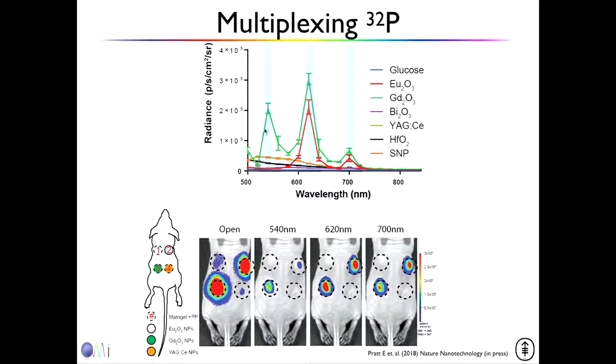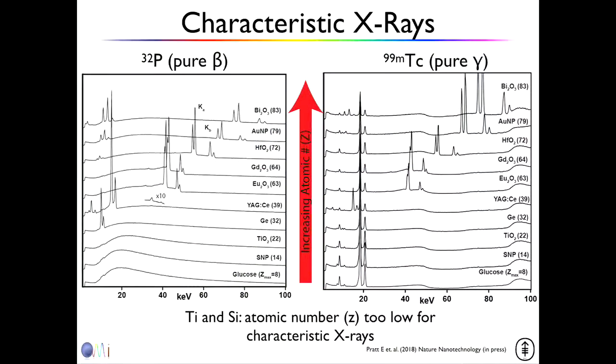Here's the 540, which is only the gadolinium particle. So you still get this area here, which you also see here, but you see that the europium particle doesn't do much on the 540, but it comes through at the 620 and in its other peak. If you do ratiometric measurements, you can sort these particles out just by using 32 phosphorus and electrons.